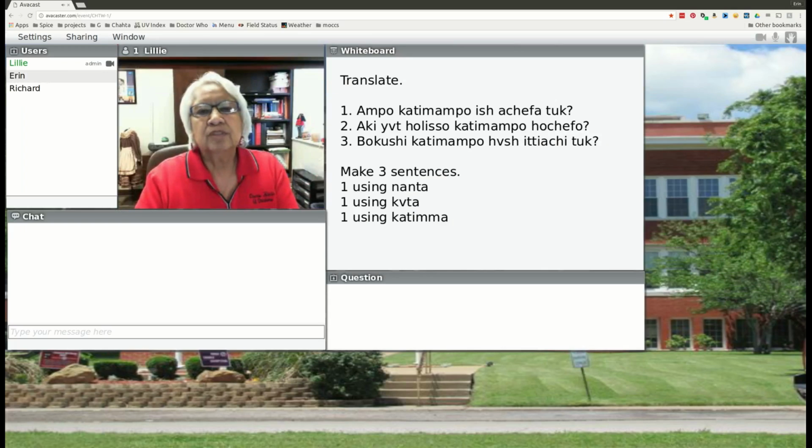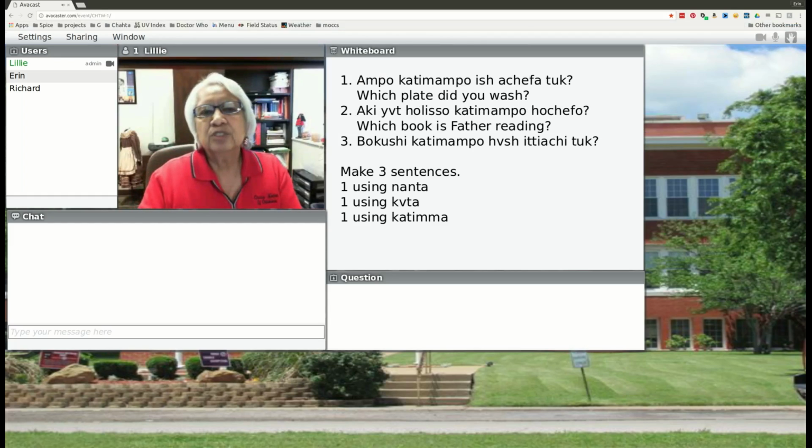And here we're staying with the present tense. So this would be asking which book is father reading? Again, using hochifu as the word to mean read. Which book is father reading?